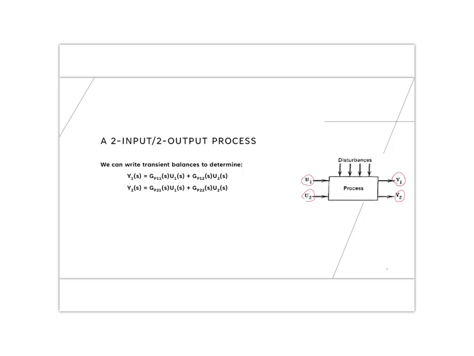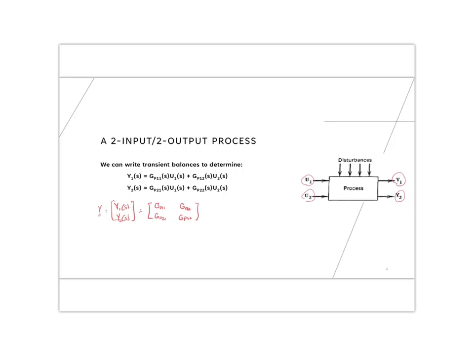I can look at this in a matrix notation that Y1 of S, Y2 of S, that I might call Y, is going to be GP11, GP21, GP12, and GP22.